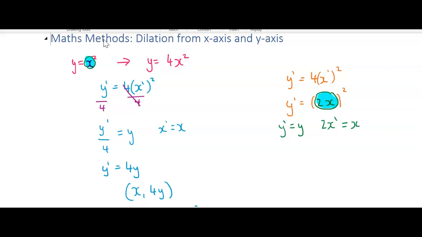All right, so what are we squaring? We're squaring 2x. All right, and let's just put that little dash back on there. So I just need to rearrange this to get my image of x on its own, which is the same as x on 2. So my image, my new point, is going to be x on 2, comma, y.